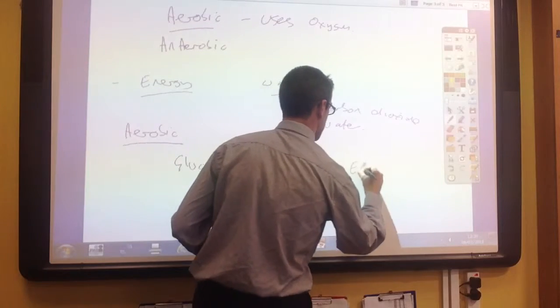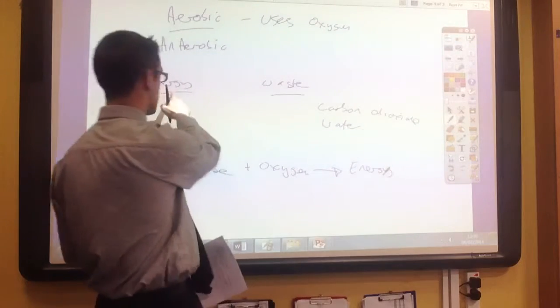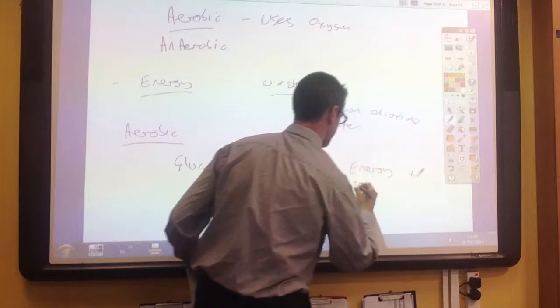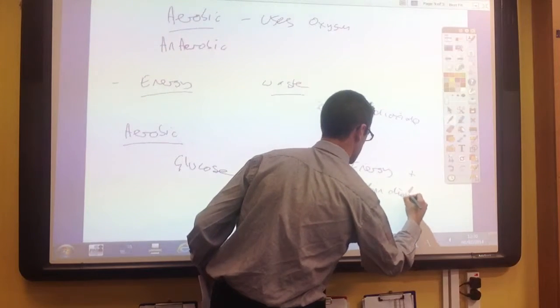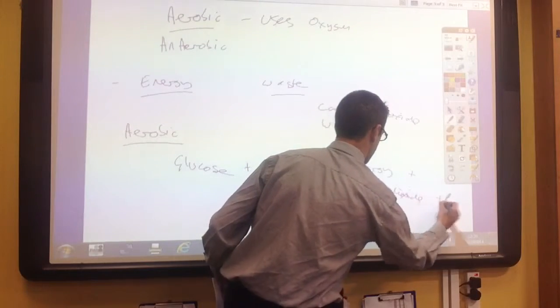This produces energy as our useful product, and we've also got the waste products, carbon dioxide and water.